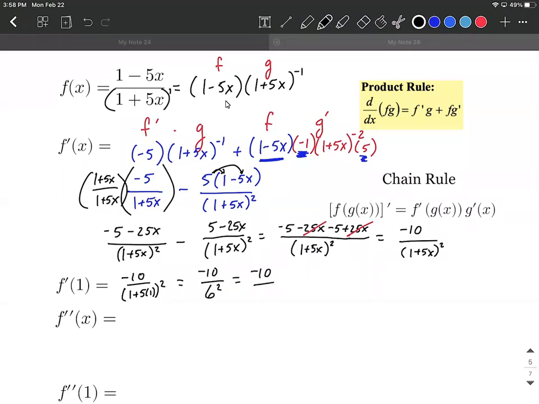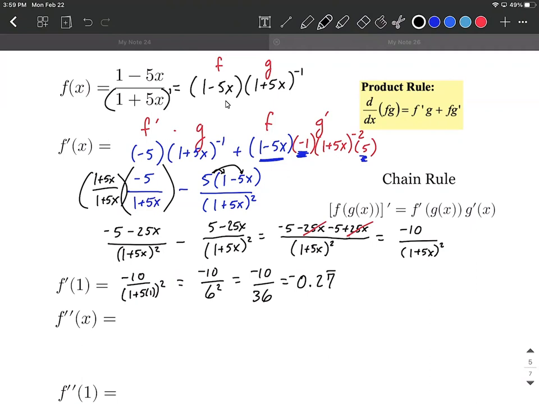It's going to be negative 10 over 36, which is exactly equal to negative 0.27 repeating. It's also equal to negative 5/18 in exact form, in lowest terms.